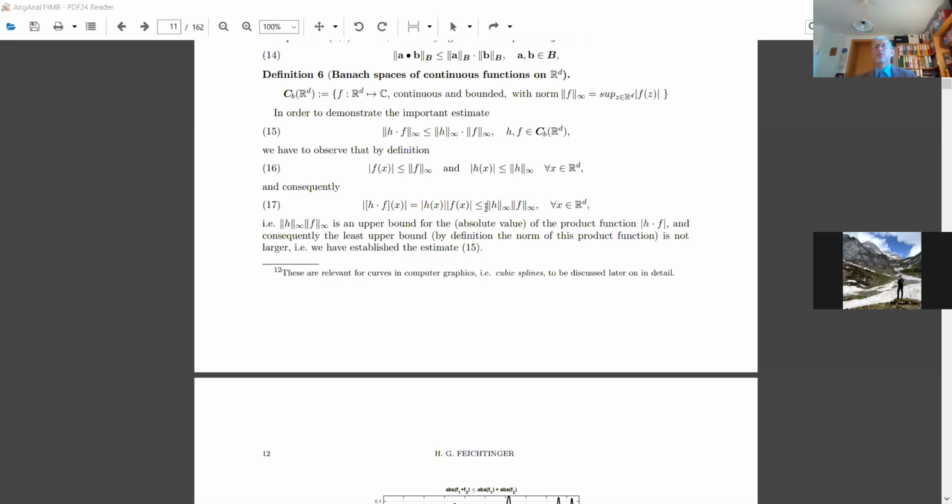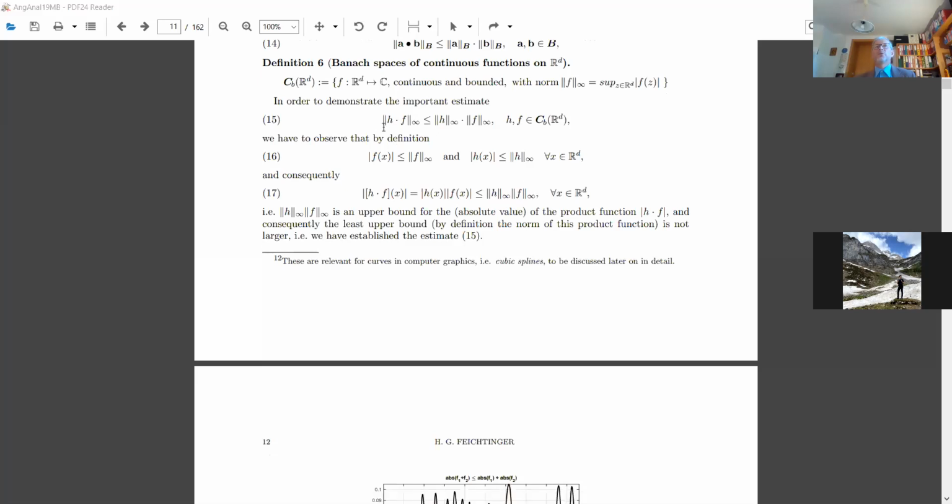Therefore, the infimum formally of all these constants, which is exactly the norm of h times f, gives you an estimate. So we have a proof of 15, or 15 is equivalent more or less to the validity of 17, a universal estimate of this form.